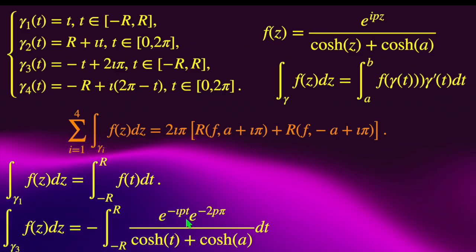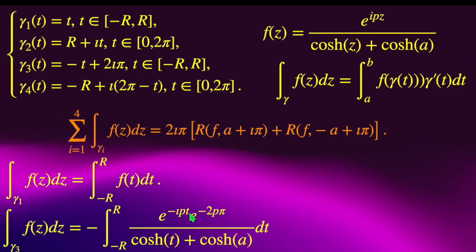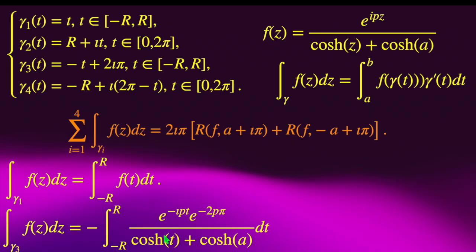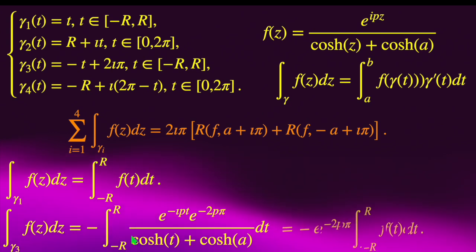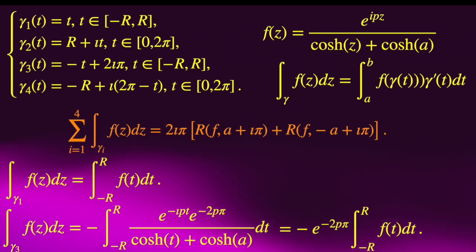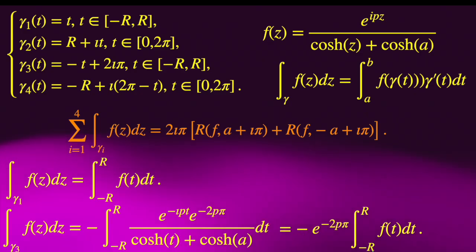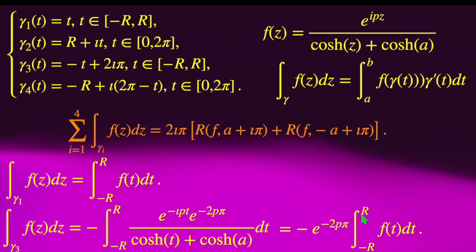Now we can see that if we replace t by minus t in this integral, by a change of variable we get the same thing. And we can see that if we take R to infinity, we get the integral we are looking for.